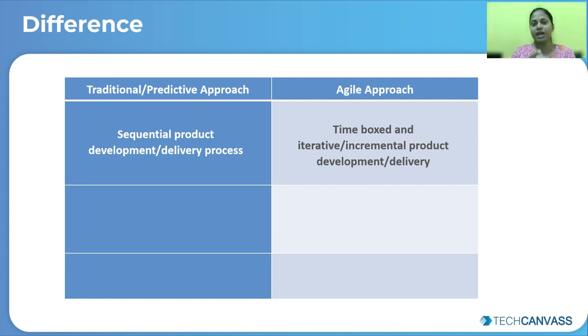But if I take the same example for agile, here you are creating, say, a bare skeleton of the house, and then with every iteration you are strengthening that bare skeleton and adding more and more features.